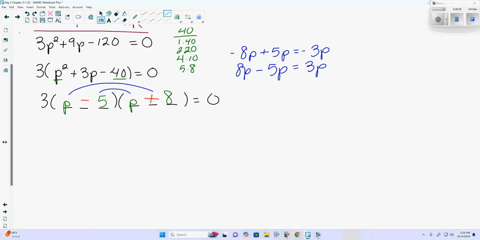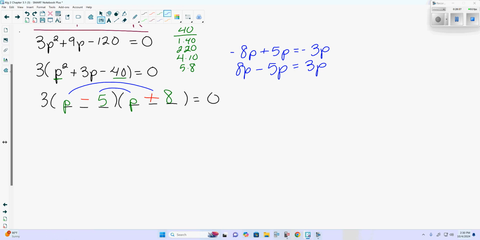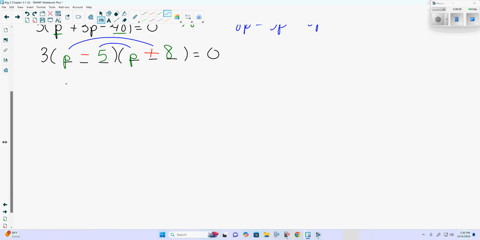Questions on this here? Now we need to solve, because for us here, either p minus 5 is equal to 0 or p plus 8 is equal to 0.